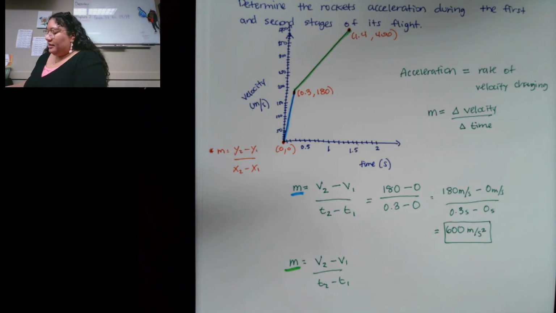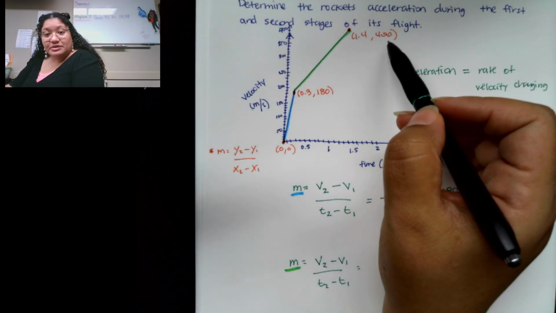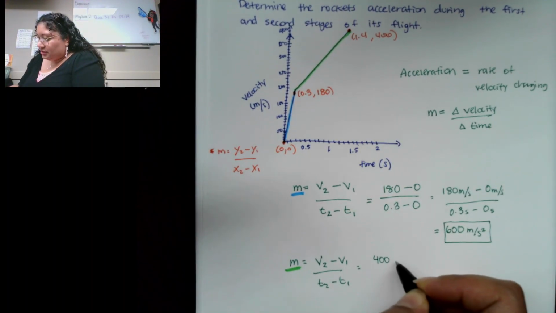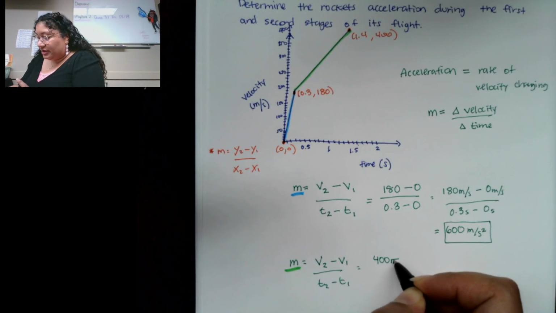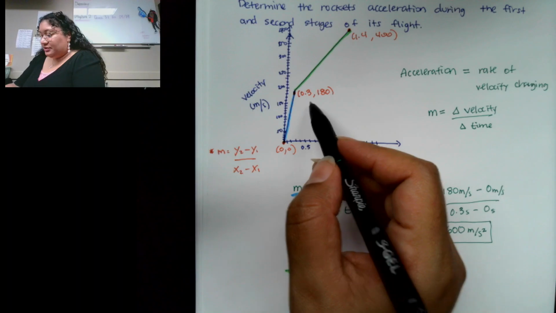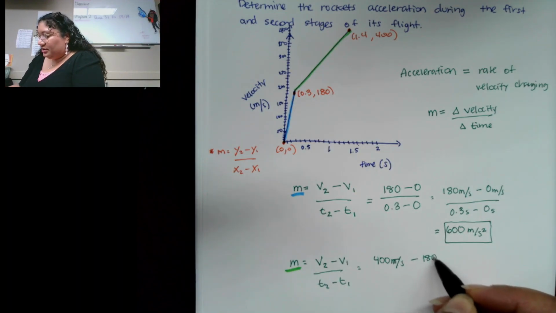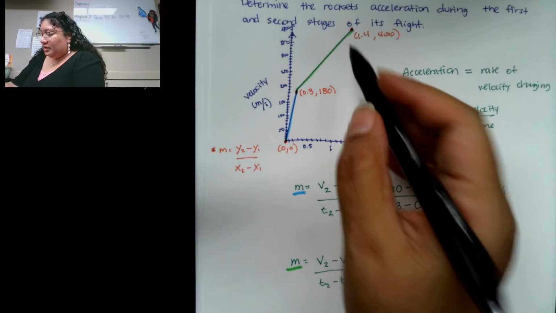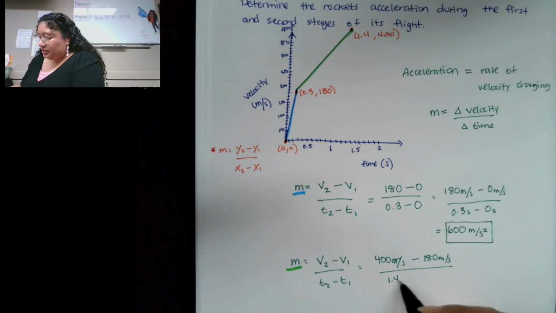So, my v2 is the final velocity. And again, velocity is my y number. So I'm going to do 400 minus, let me not forget the units since I'm here now, meters per second, minus 180 meters per second, all over 1.4 seconds minus 0.3 seconds.